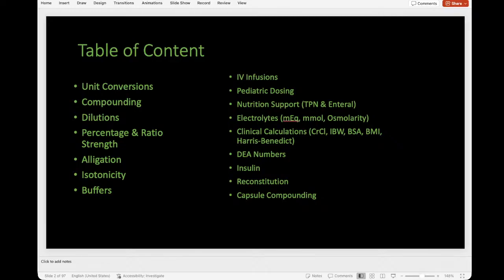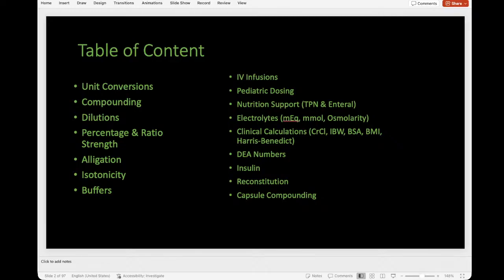DEA numbers, this is the part where, when you're in a pharmacy and you have to validate a prescriber's DEA, when a patient drops off a prescription, you're going to need to check to see if that controlled substance is valid based off the DEA license number printed or written on there. I will show you the steps on how to figure out the validity of a DEA license number in this calculation course as well.